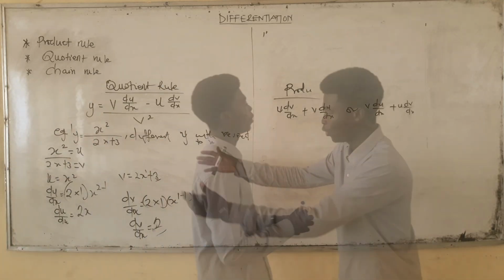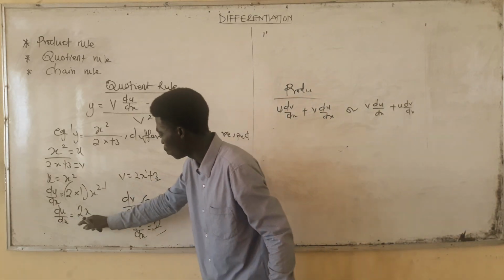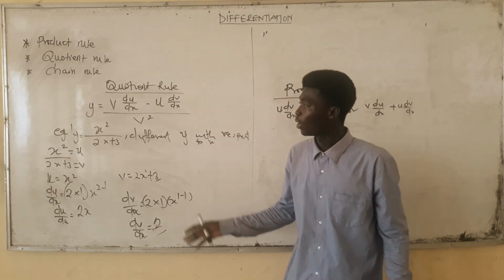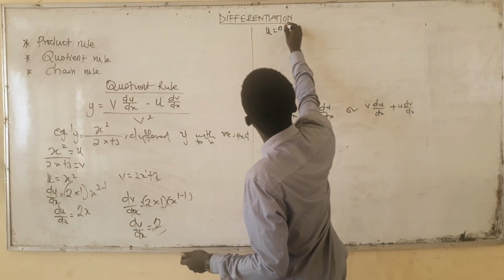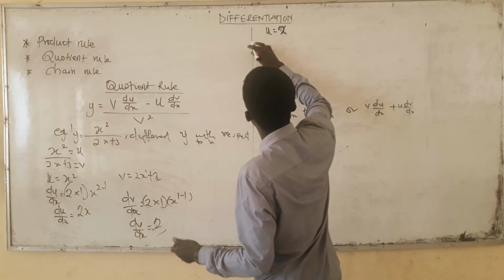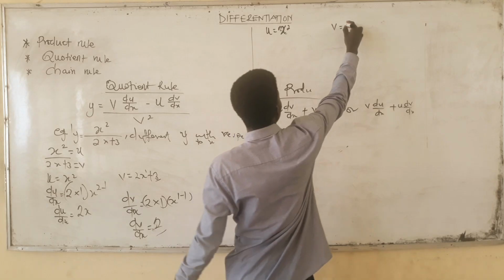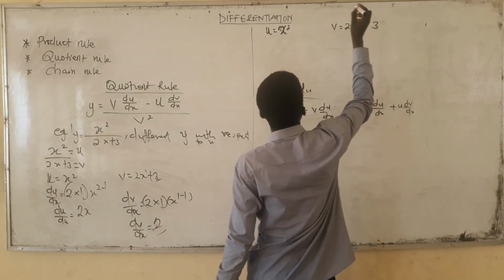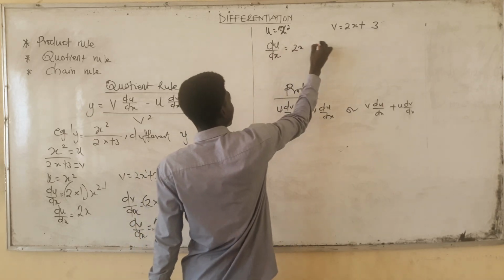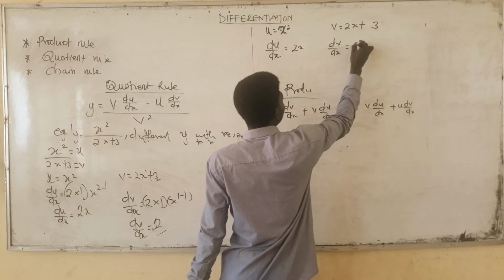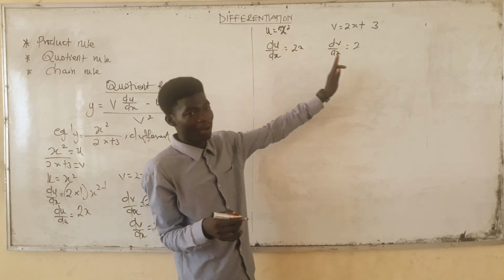Now you know your u to be x squared, your v to be 2x plus 3, du/dx is 2x, and dv/dx is 2. So now let's break it down. This is how I arrange it.